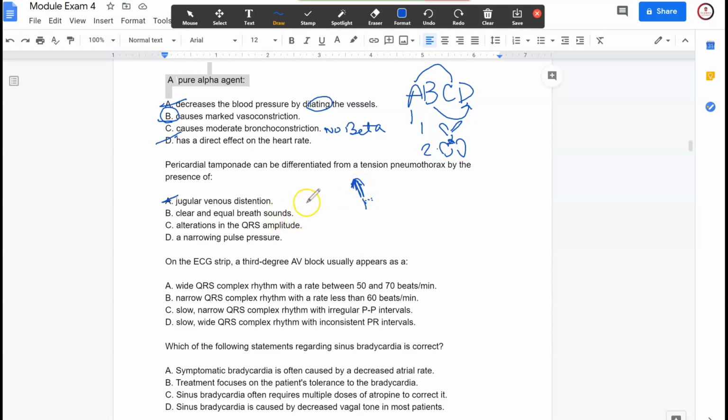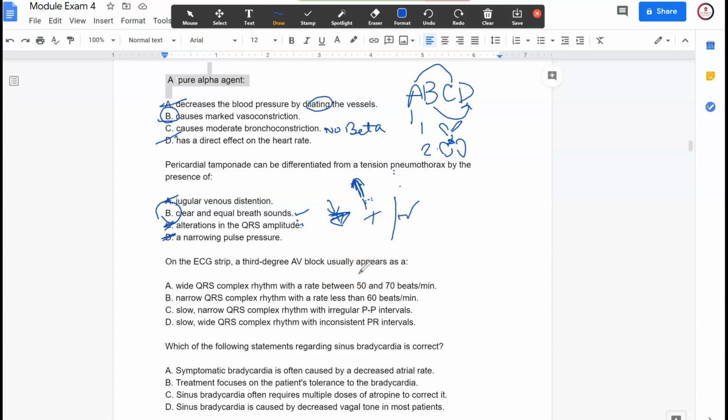Clear and equal breath sounds, maybe. Alterations in the QRS amplitude, possible. Okay, but again, you see that with both of them. A narrowing of the pulse pressure. Again, you're going to see that with both of those as the heart starts to get crushed. You're going to have a narrowing of the pulse pressure. So clear and equal breath sounds, right? Because in tension pneumo, you're going to not hear it on one side versus the other.